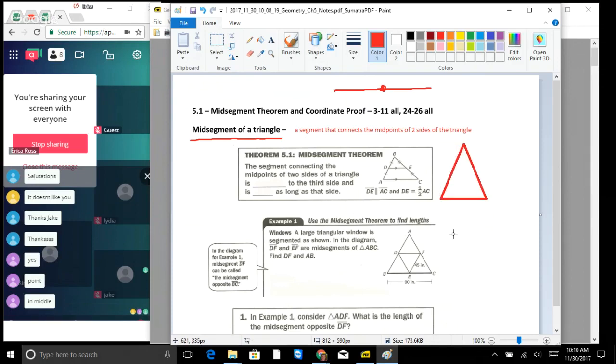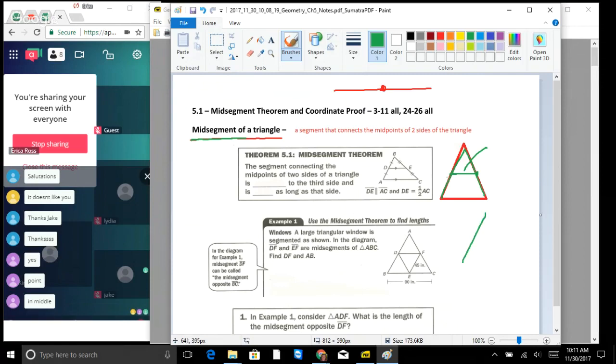If I go to my triangle and I look at this line and I find the midpoint, the middle of it, and then I go to this side of my triangle and I find the middle of it, and then I connect these two points, voila, this is the mid-segment of the triangle.